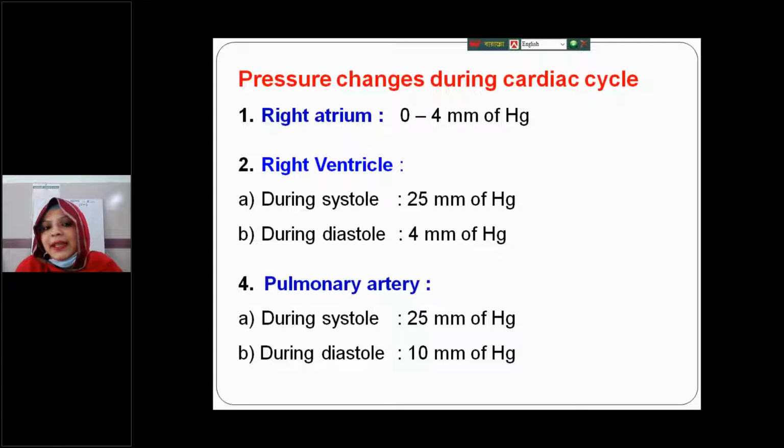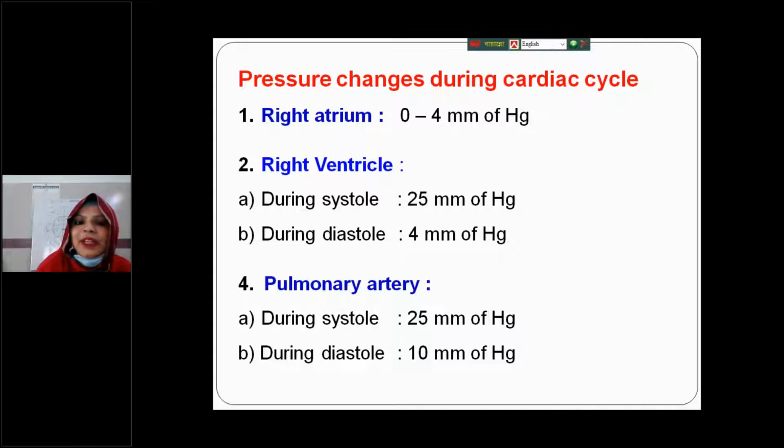Always remember that there is a similarity between the right ventricle and pulmonary artery, and between the left ventricle and aorta. Right ventricle during systole is 25 millimeter of mercury, and pulmonary artery during systole is also 25, the same.